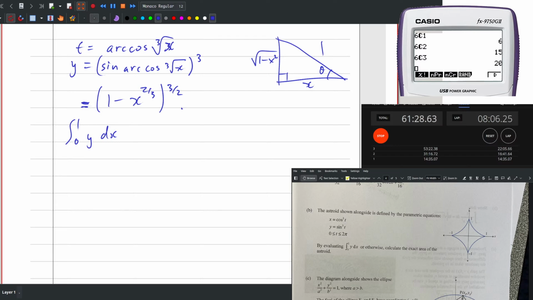I don't know. I'm shit at integration, so. Alright, can you do this integral by parts? Wait, so this is 1 minus x to the 2 on 3 times 1 minus x to the 2 on 3 to the power of a half, right?